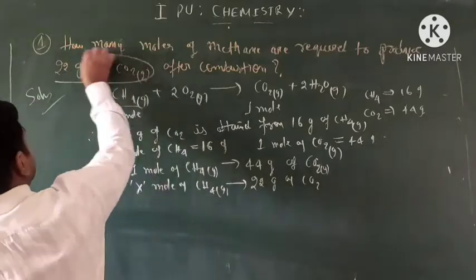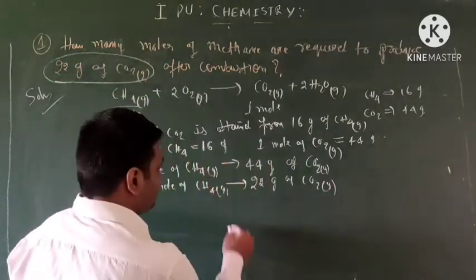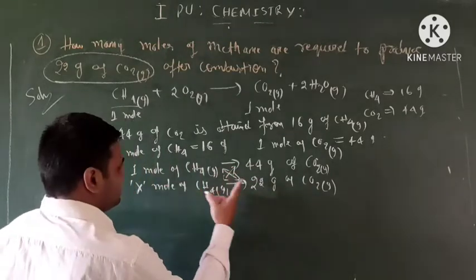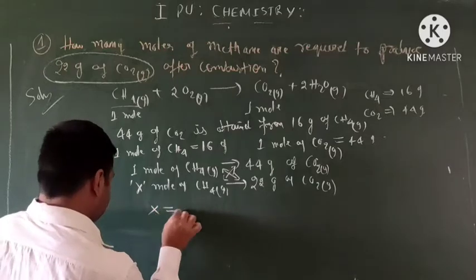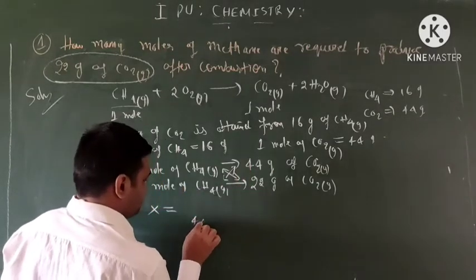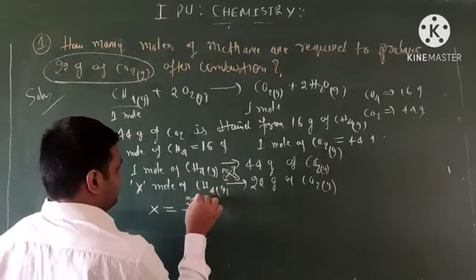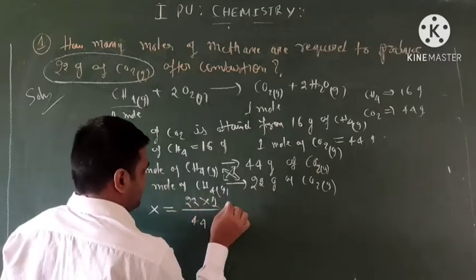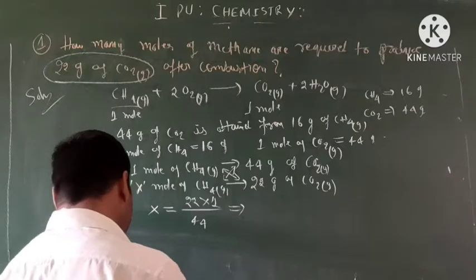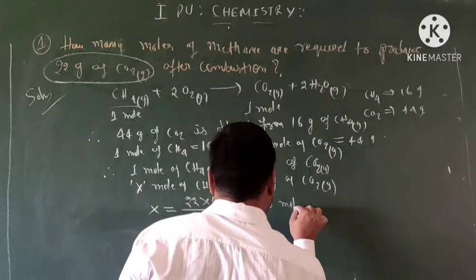This is very simple: cross multiplication to get the value. X into 44 equals 22 into 1 mole, or 1 into 22. The X value is 0.5 mole.